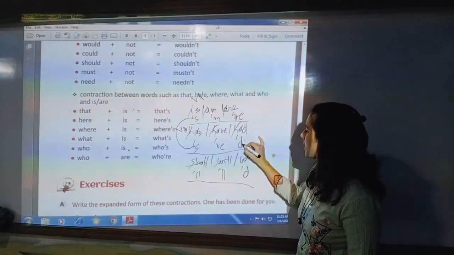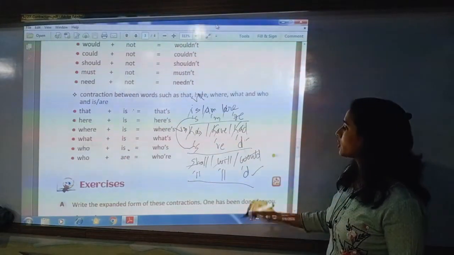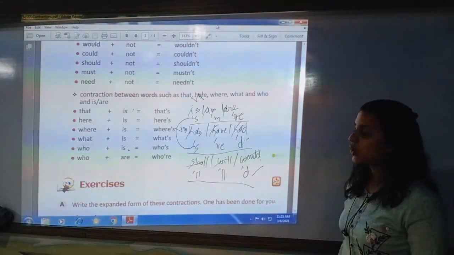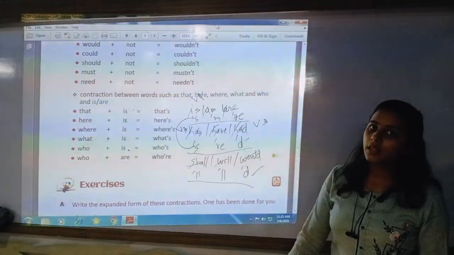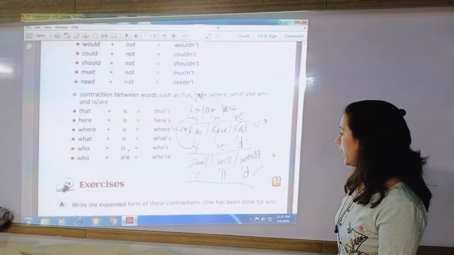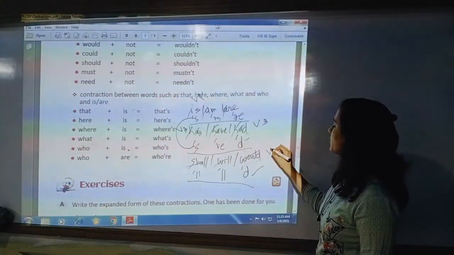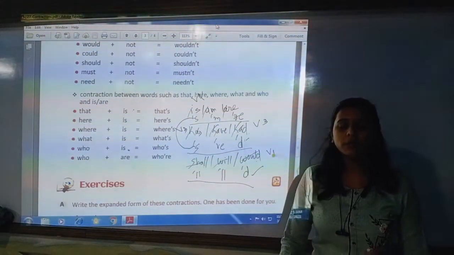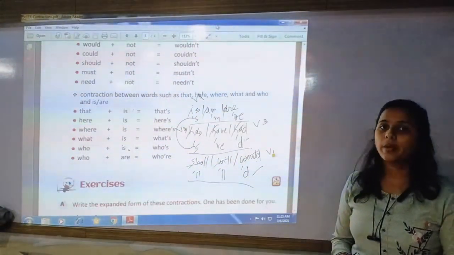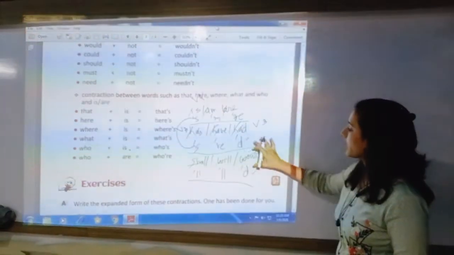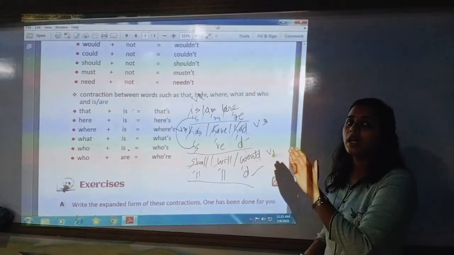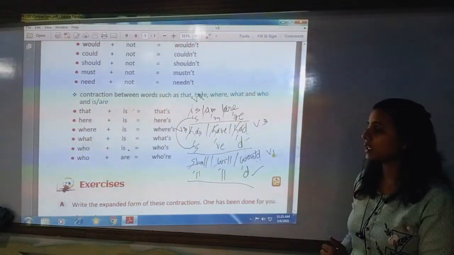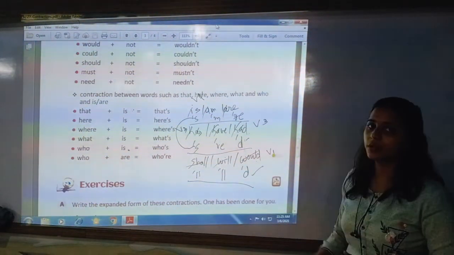And if the apostrophe D is for had, the verb's third form will be written, that means past participle. And if it is for would, the verb's first form, that is the to-be form, will be written. So by understanding the verb form, you can get the difference between the common contractions, whether it is for is or has, or whether it is for had and would.